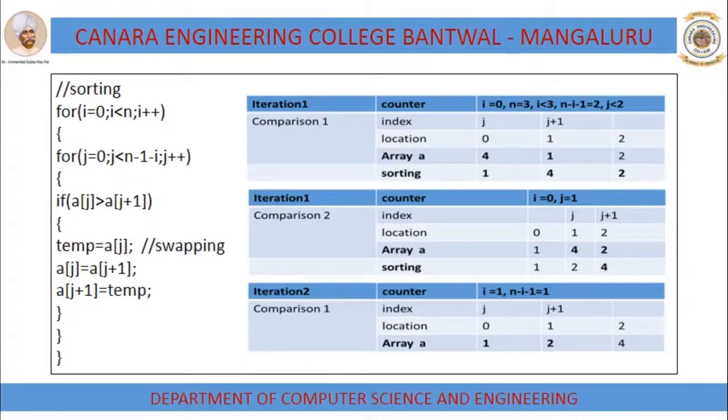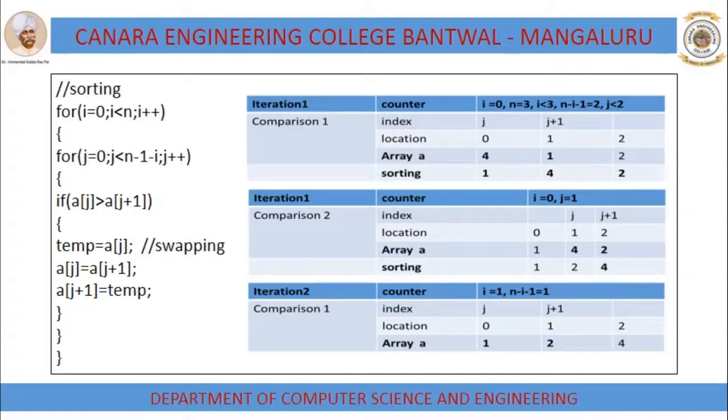The condition is true, so again we are swapping here. So 4 is put into temp. Then whatever was there in j plus 1 goes to the a of j position, so 2 comes here. Then from temp, whatever value is stored, that is 4, is moved to the j plus 1 position. So now 2 and 4 are swapped.